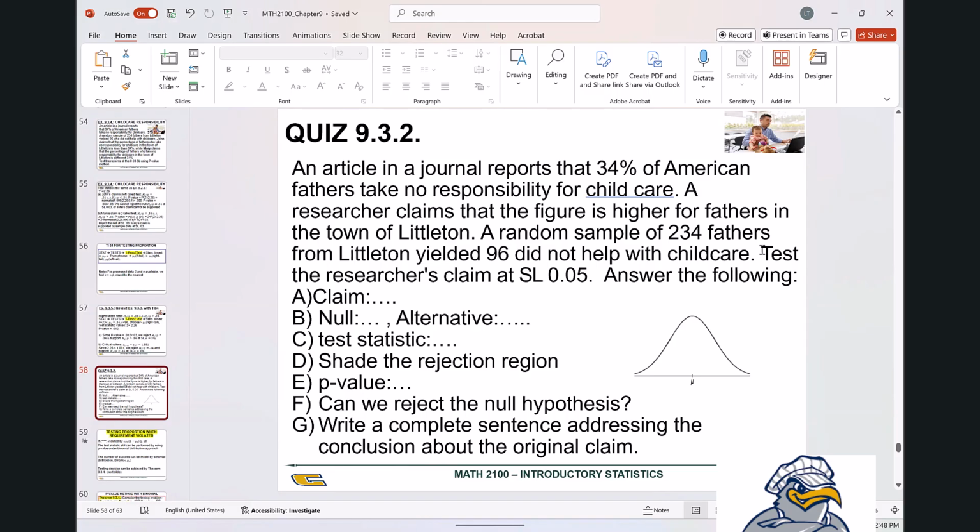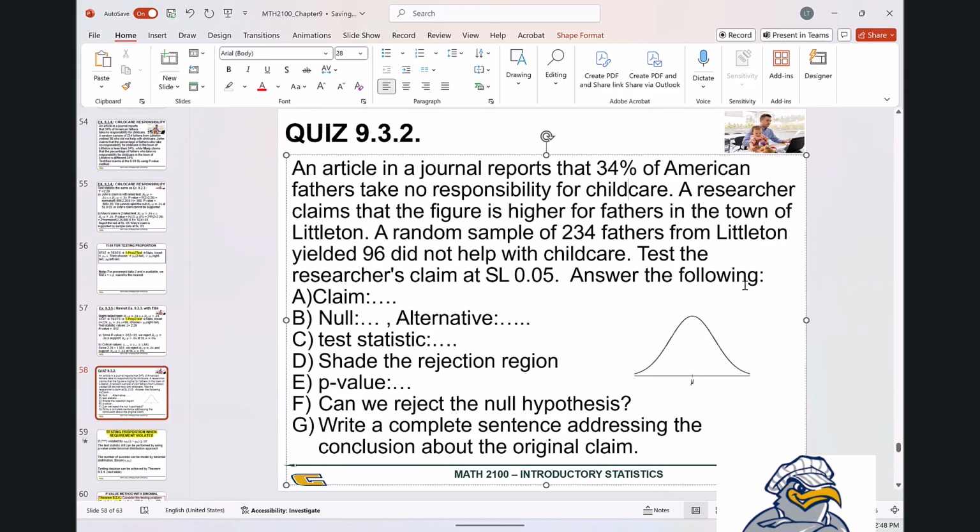An article in a journal reports that 34% of American fathers take no responsibility for child care. A researcher claimed the figure is higher at the town Littleton, which means the percentage is higher, right? A random sample of 134 fathers from Littleton yielded 96 who did not have child care. The researcher claims this at significance level 0.05.